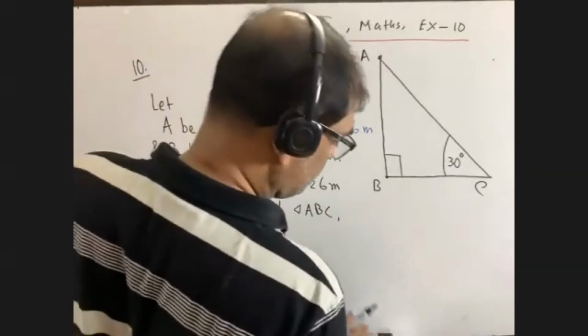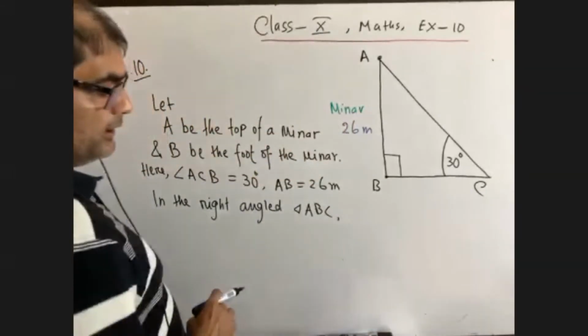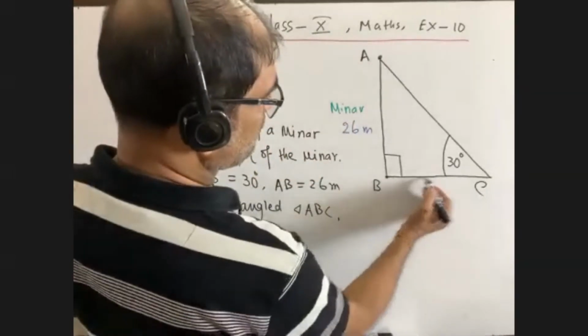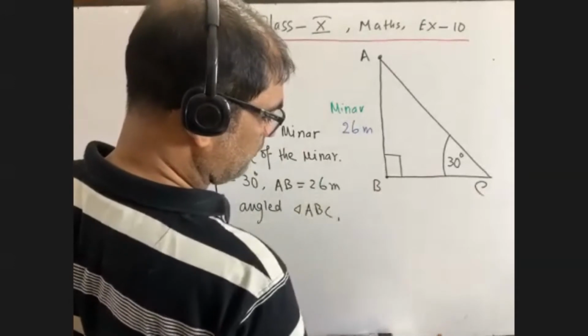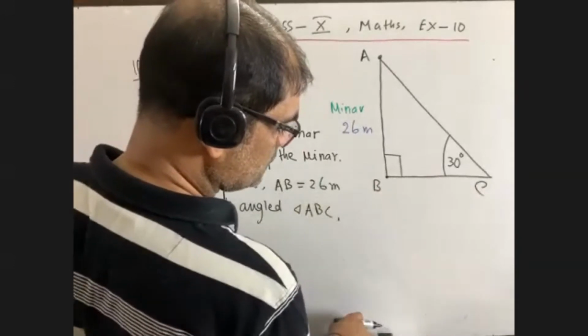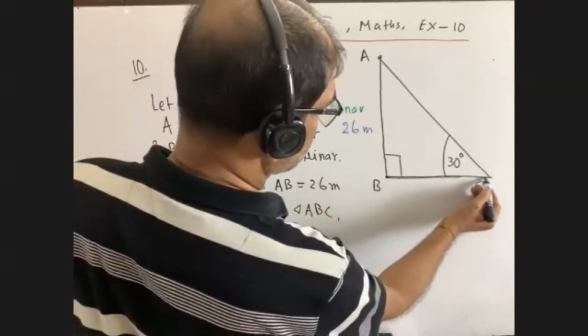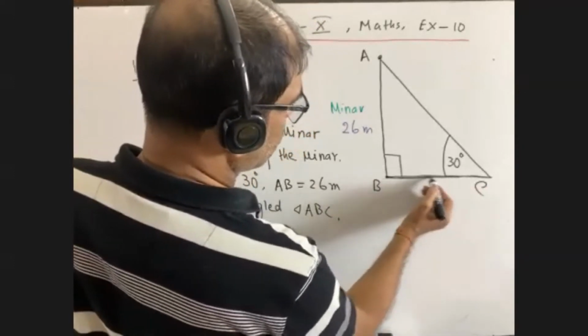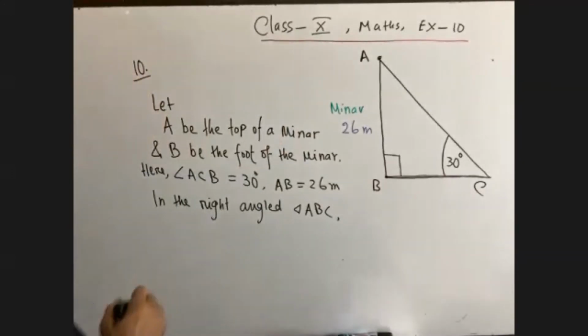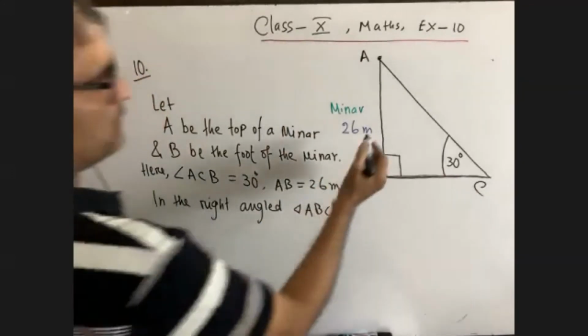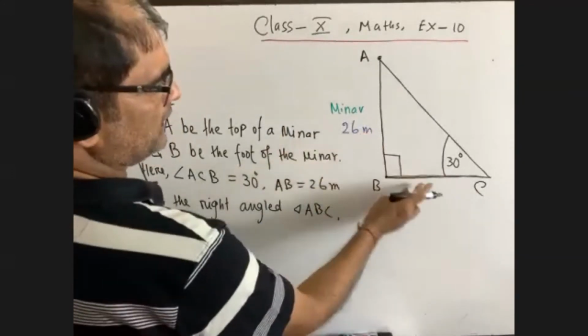We have to find the length of BC. Okay, it is told, find the distance of the plane from the minar. That means this is to find in this question. Okay, so perpendicular is given, we have to find the base.